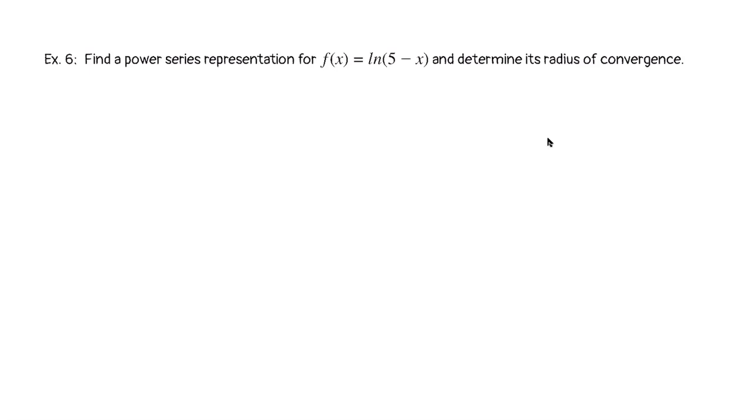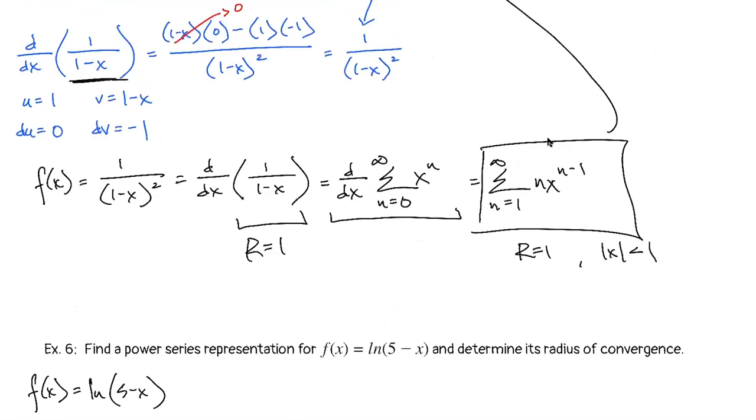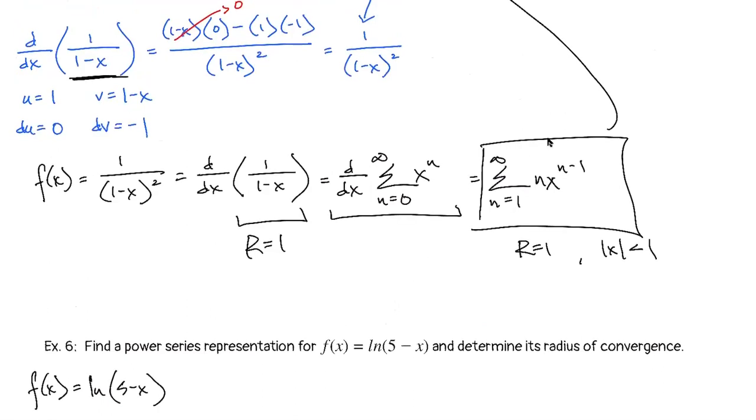Yeah, and so if we say, here's our original function, natural log of 5 minus x, okay? Instead of saying, what if I take a derivative of a random function, will I get the one I'm looking for?